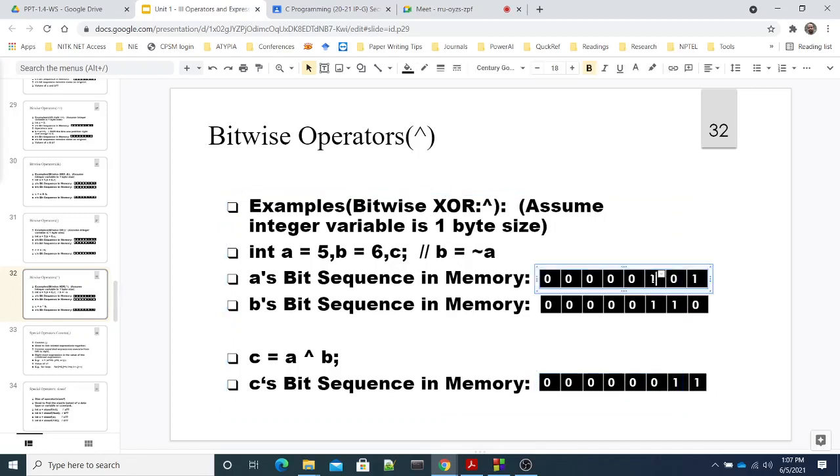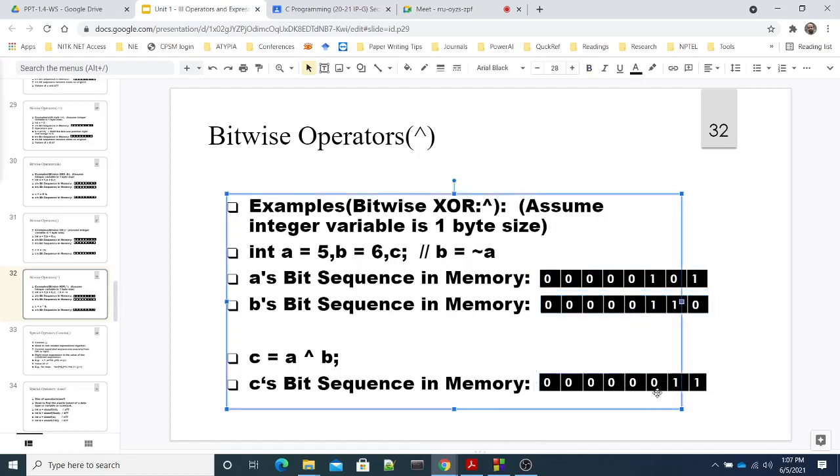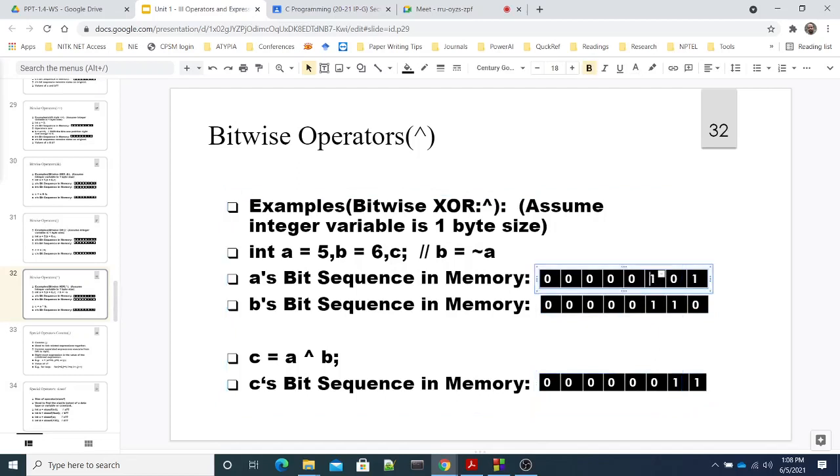If the bits are the same, the exclusive OR will result in 0. 1 exclusive OR 1 results in 0, 0 exclusive OR 0 also results in 0. Only 1 XOR 0 results in 1 and also 0 XOR 1 results in 1.